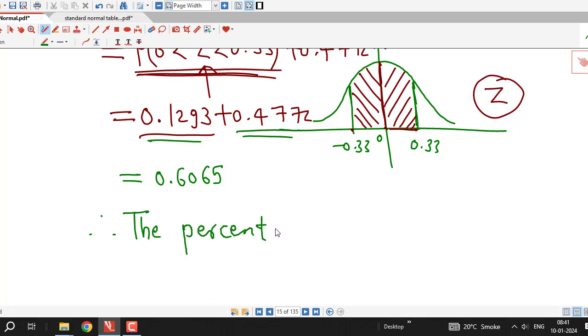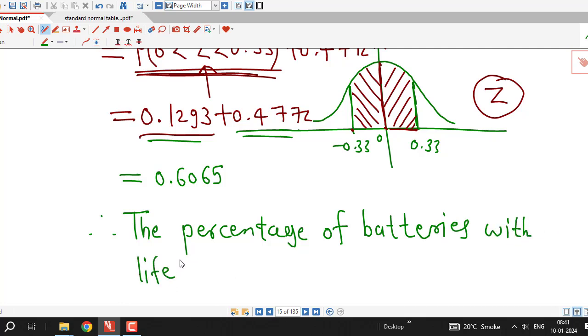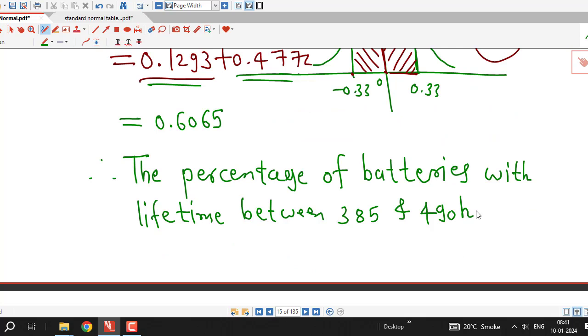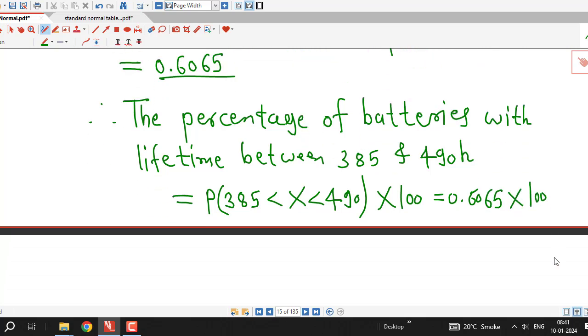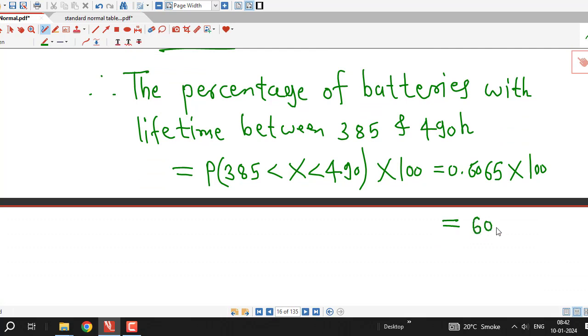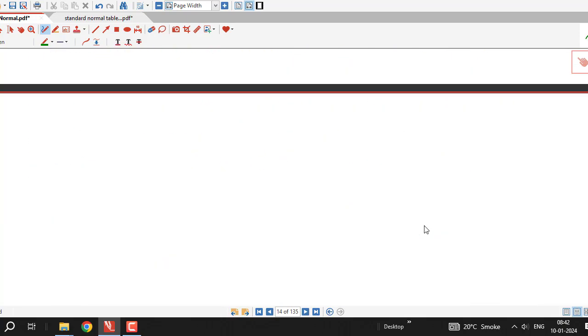Therefore, the percentage of batteries with lifetime between 385 and 490 hours is equal to the probability that capital X lies between 385 and 490 hours times 100, which is 0.6065 times 100, and therefore the required percentage is 60.65%.